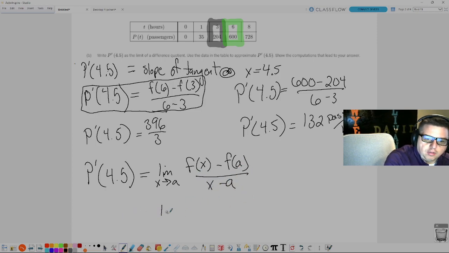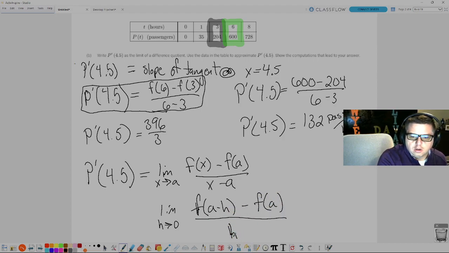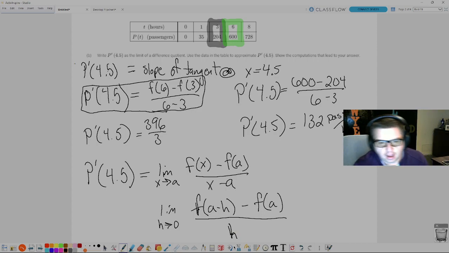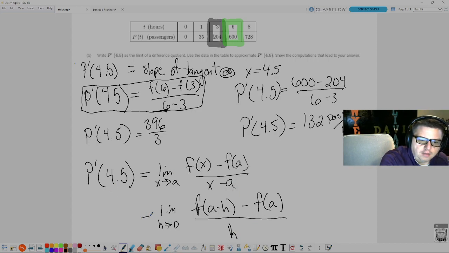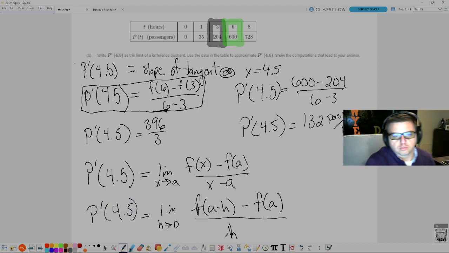Or we have the limit as h approaches 0 of f of a plus h minus f of a all over h. And instead of a, obviously we need to use 4.5. So you needed to utilize one of these two.